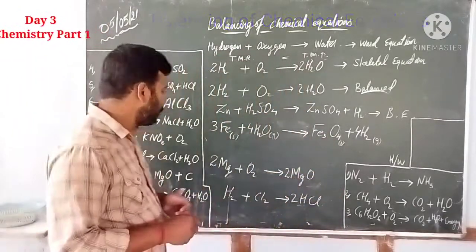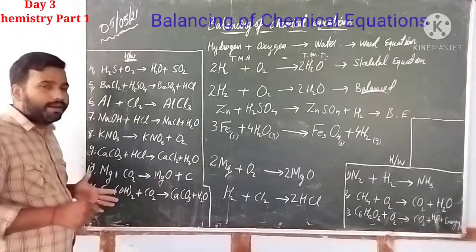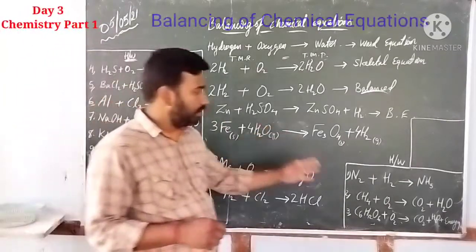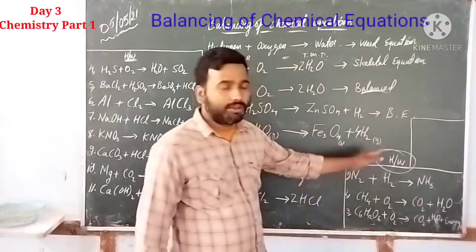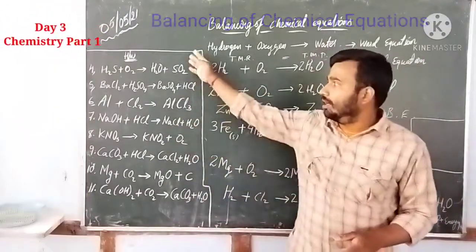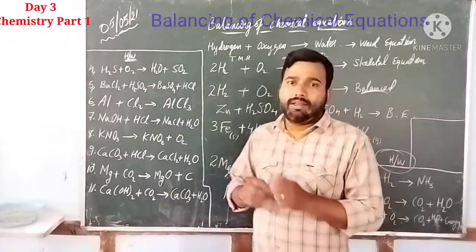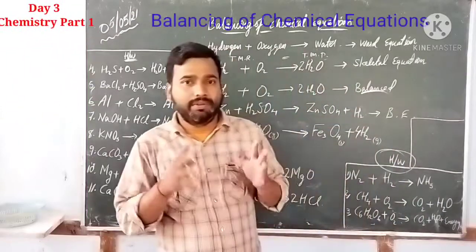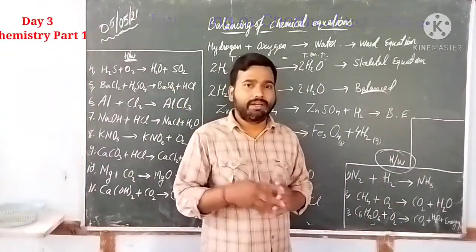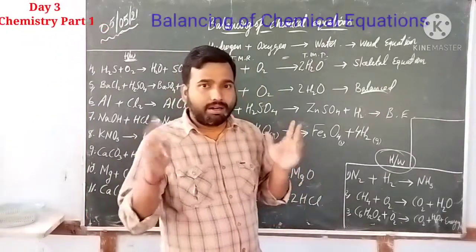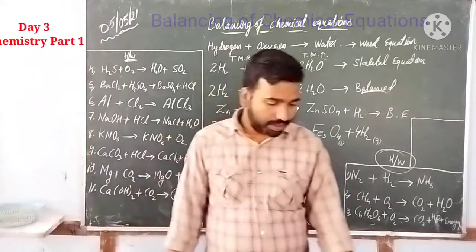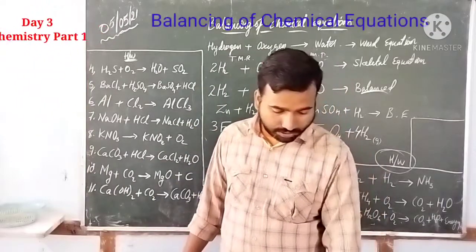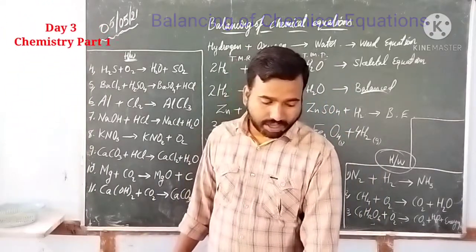Just take a screenshot of this part and write down all these equations in your copy, and especially complete this homework. Complete these homework questions in your copy and understand them well, and if you have any doubt, you can discuss with me on WhatsApp between 5 and 8. Also look at page number 3, balanced chemical equation.